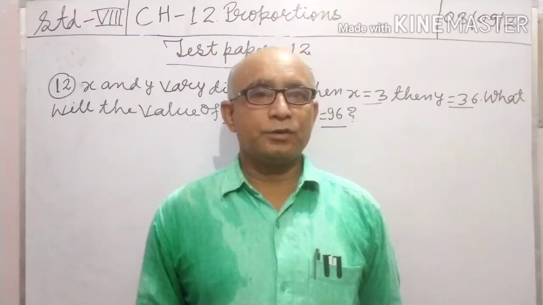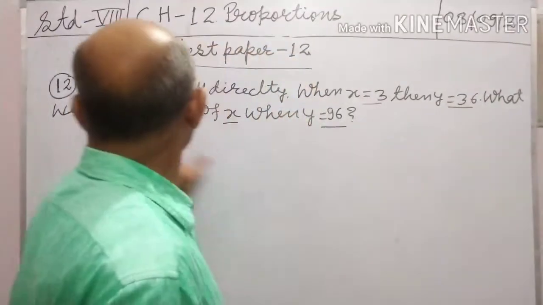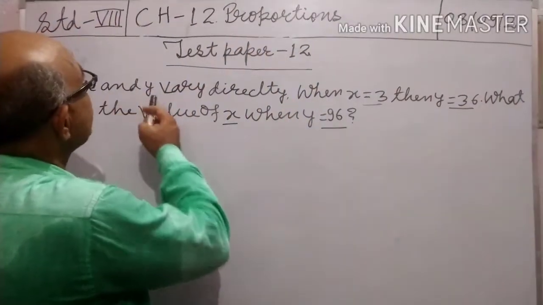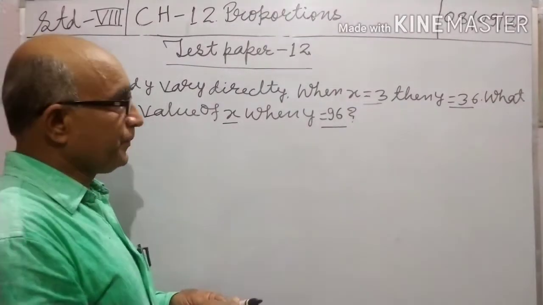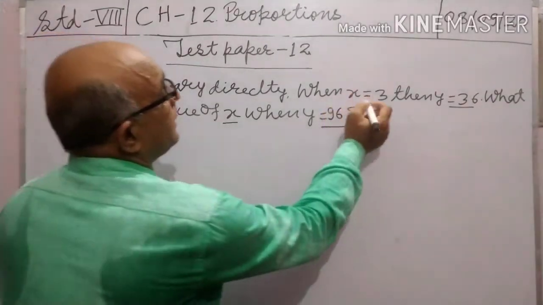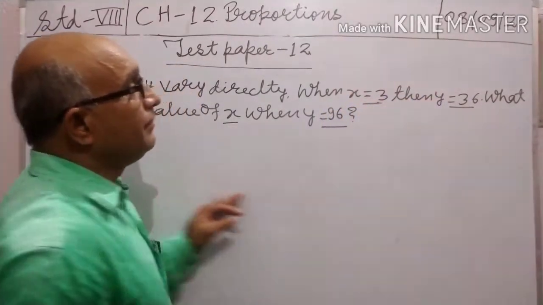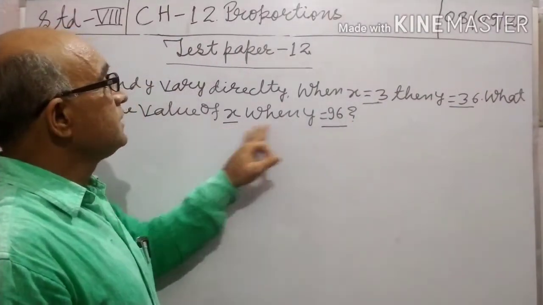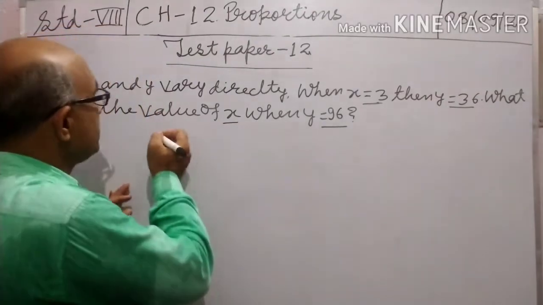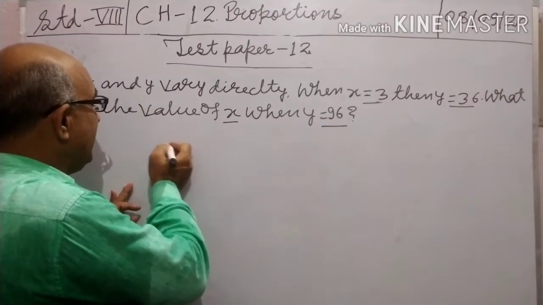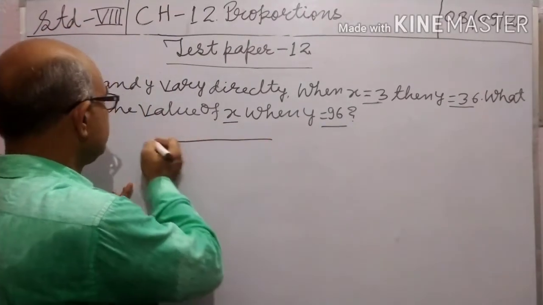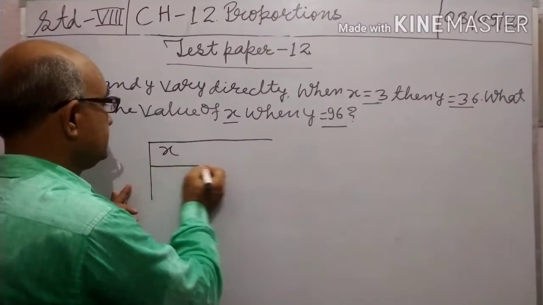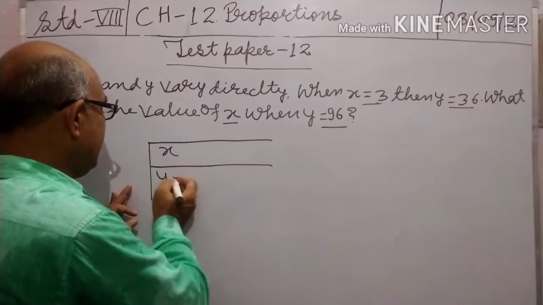Understand it, right? Students, next and last question is question number 12. X and y vary directly. When x equal to 3, then y equal to 36. What will be the value of x when y equal to 96? Write in the first column x and in the second column y.